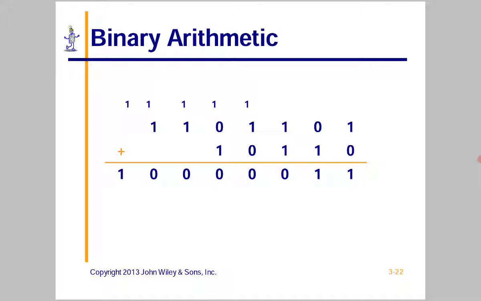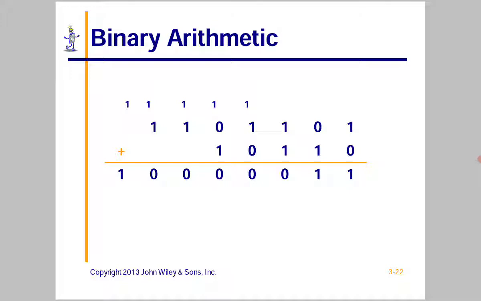So again add 1, 0, 1. That is 10. Sum is 0, carries 1. So 1, 1. 1 plus 1 is 10 again. Sum is 0 and carry 1. So what is the sum of these two numbers? 1101101 plus 10110 is 1000001.